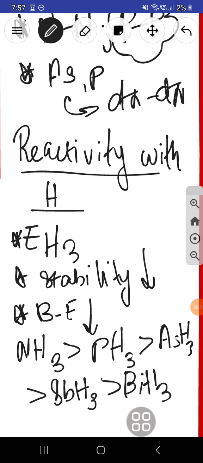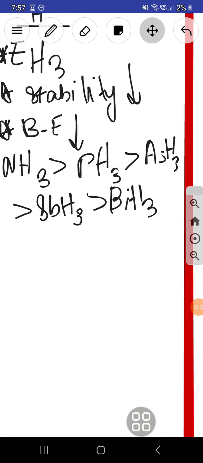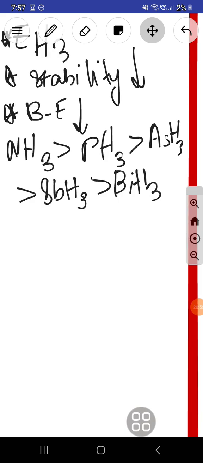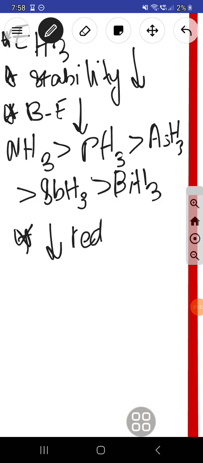Then the next important thing that we have to learn is about its reducing character. As one goes down the group, the reducing character also increases.